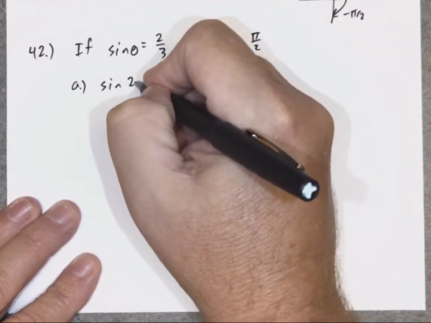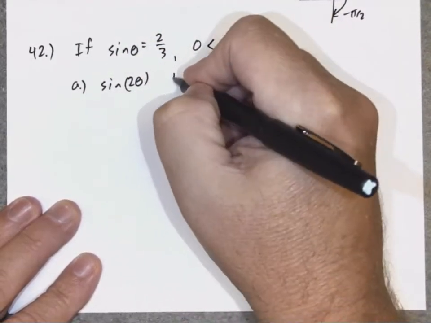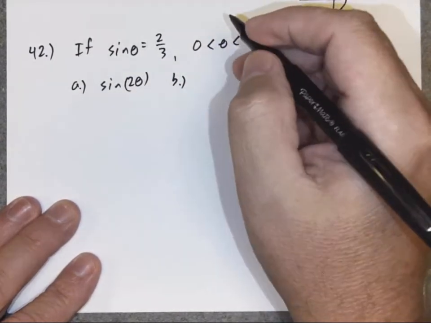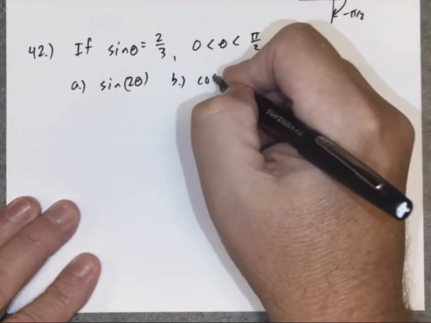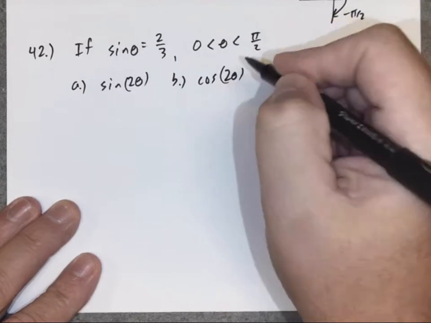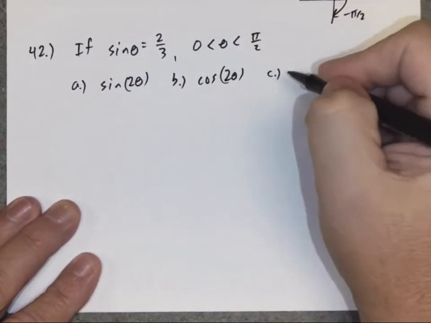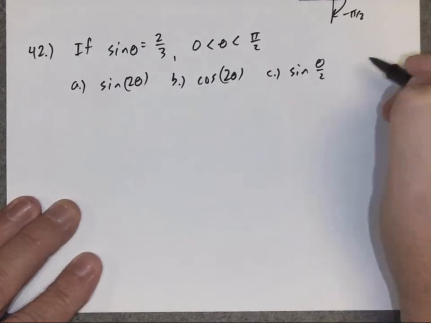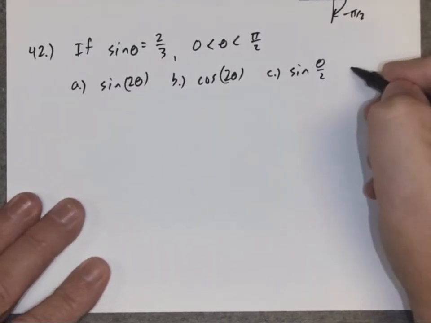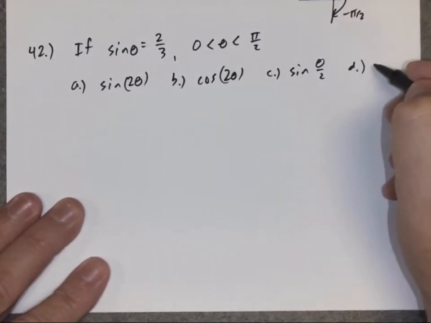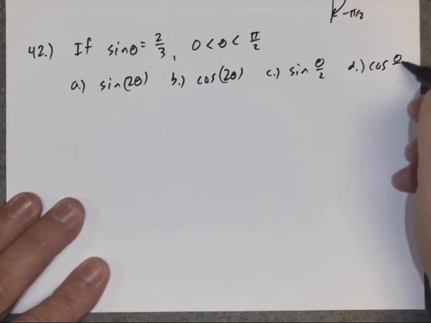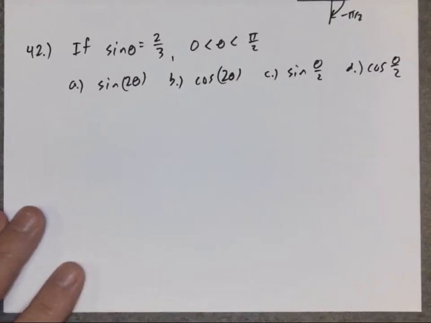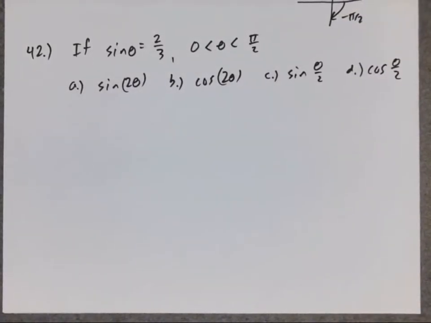A, sine 2 theta, B, cosine 2 theta, C, sine theta over 2, and D, cosine theta over 2. 4 parts.